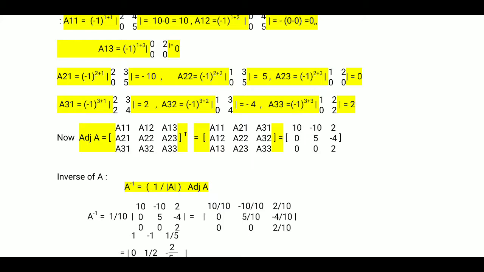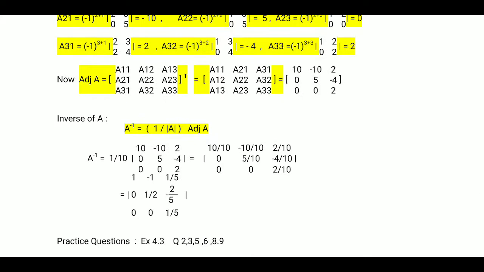So each element will be multiplied by 1 by 10. So each element will be divided by 10. You get a matrix 1, minus 1, 1 upon 5, 0, 1 by 2, minus 2 upon 5, 0, 0, 1 upon 5. Thus we can get the inverse of a matrix.